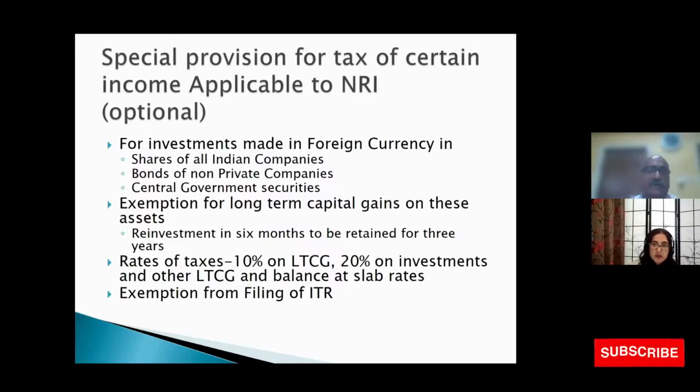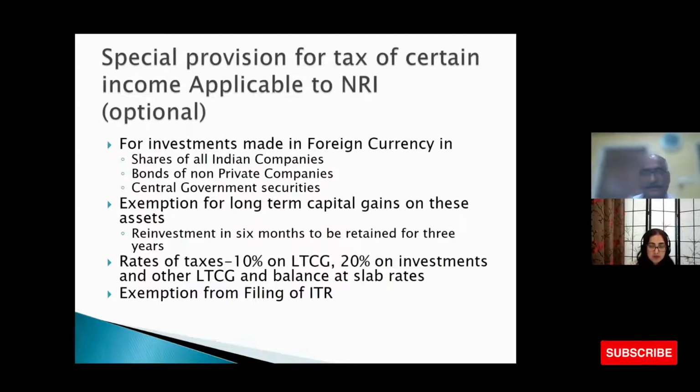Under section 195 of the Income Tax Act, the payer is under an obligation to deduct tax while paying any amount to a non-resident, including an NRI. So even if he is paying you 10 rupees of income, he is required to deduct tax on that.